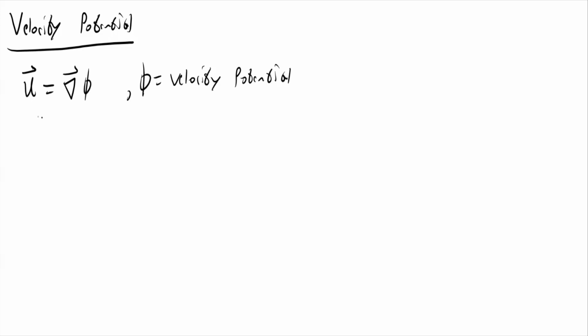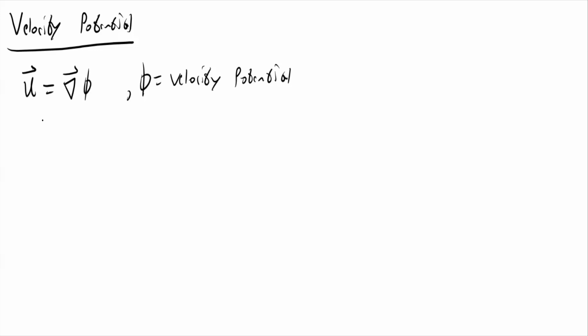So this is just a definition: u equals grad phi. Sometimes in the literature, you will see velocity potential used instead of velocity or pressure in specific equations such as the wave equation.